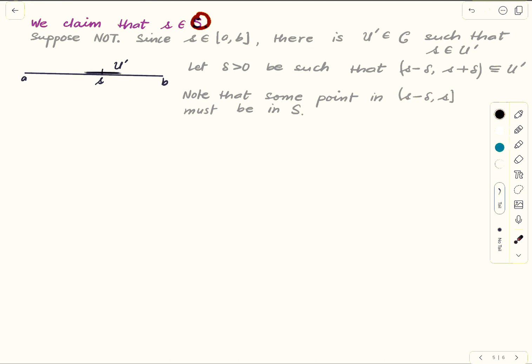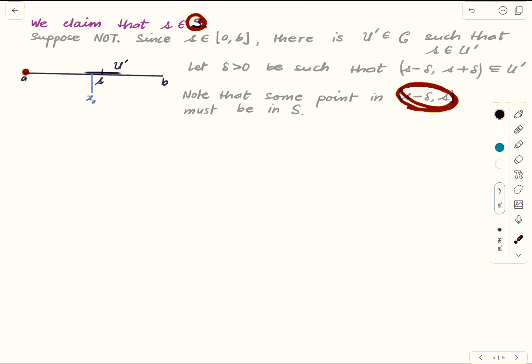And what that means is that there is some point in that interval. So let's call that point x0. So x0 is a point in this interval, which is there in capital S, which means what?